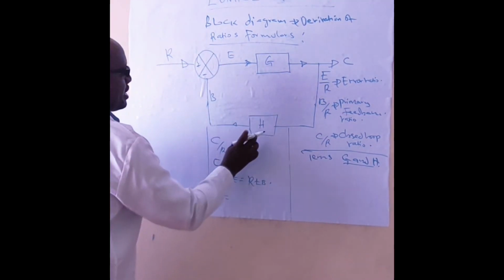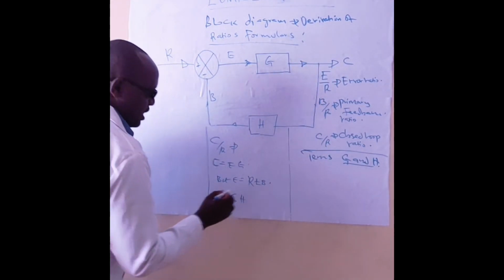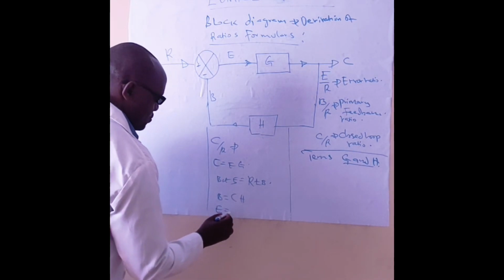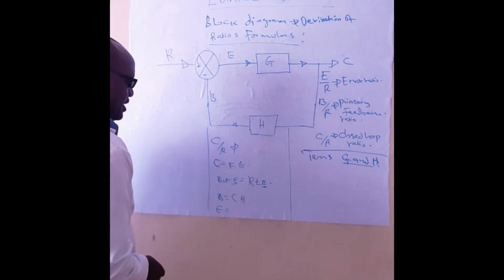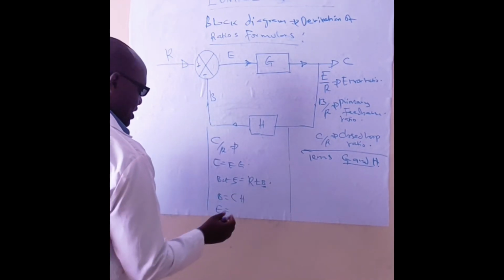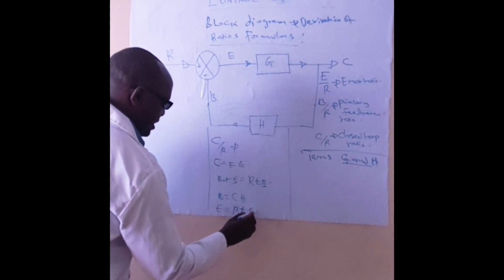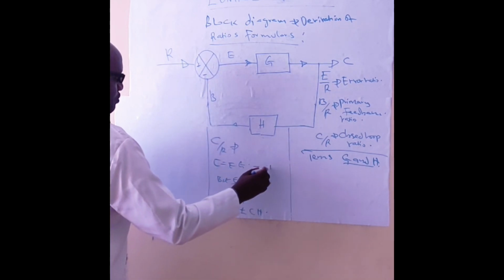So it's H C. So from here, we can say E is equal to, instead of us having this, we can have R plus or minus CH. So these ones form the first expression. This one can give us the second one.